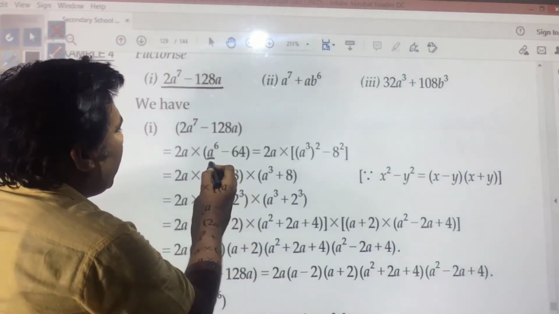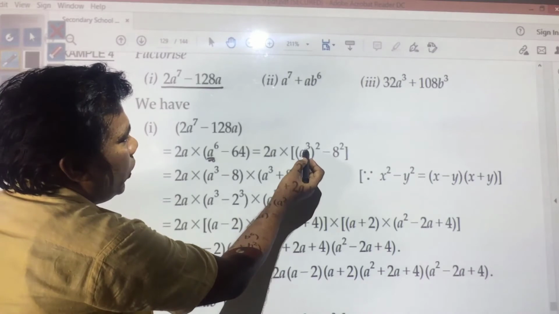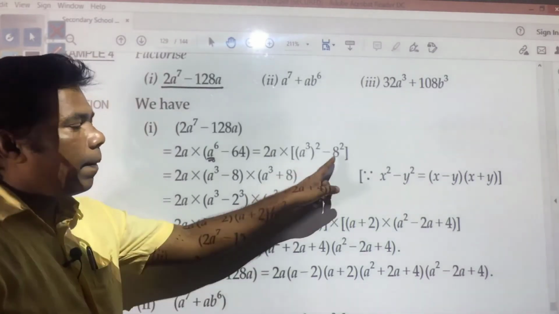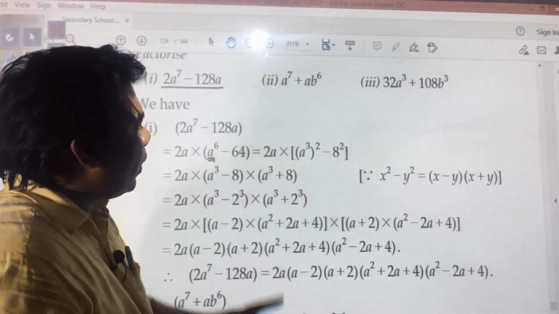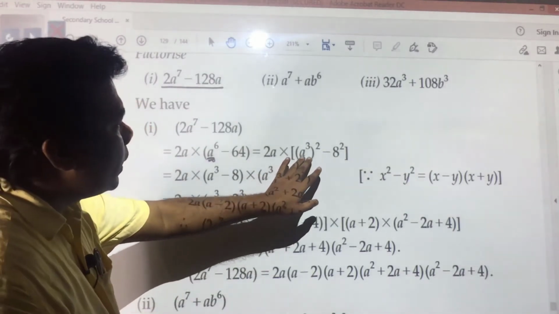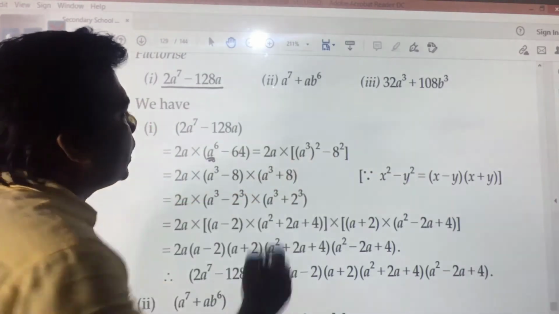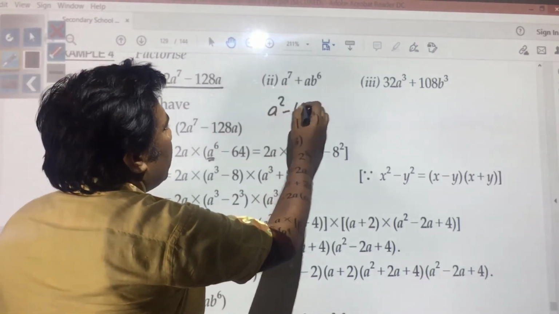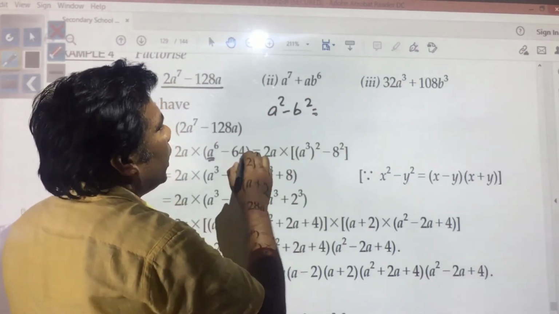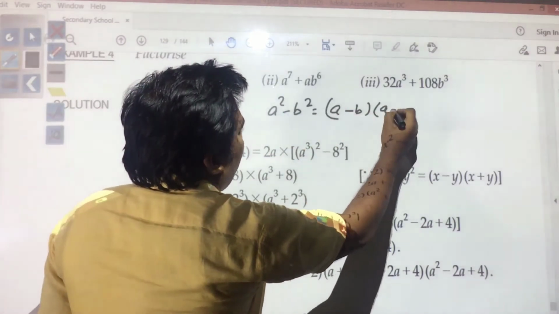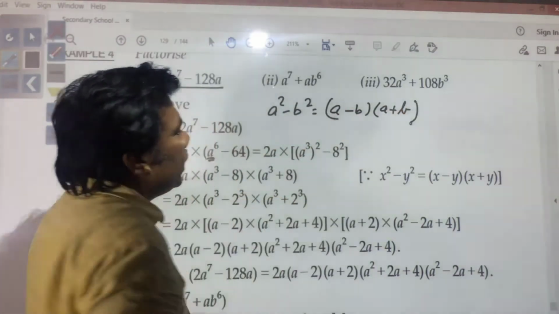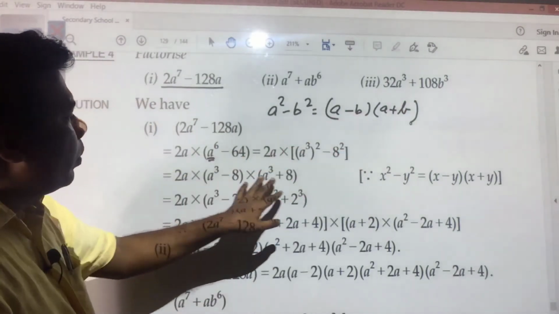Now this a to the power 6 can be written as (a cube) to the power 2, and 64 can be written as 8 square. Now this is in the formula a square minus b square, or x square minus y square, whatever you write. So this will be (a minus b) into (a plus b), which you have already learnt. So in this way it is required to be written.